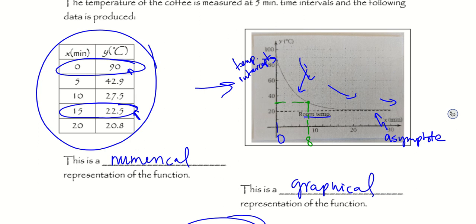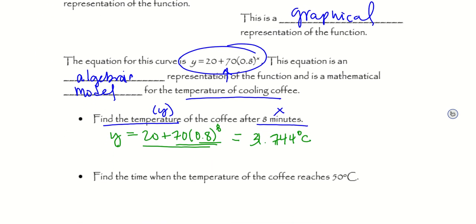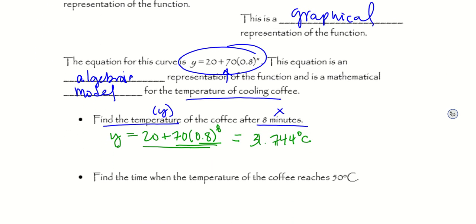It intersects the temperature axis at about 30 degrees Celsius, just slightly above that. So the graph is a model. It gives us an estimate for that temperature. The algebraic equation actually gives us a more exact estimate, 31.744.